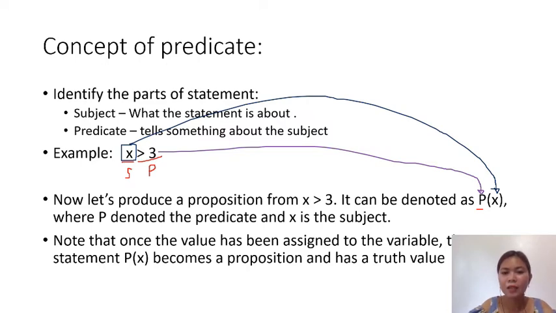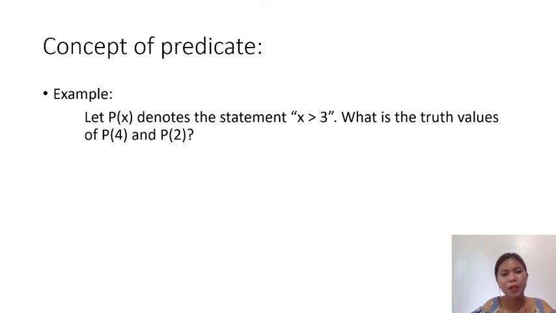Okay, so this is now the proposition of the statement x is greater than 3. Note that once we assign a value to x, the statement P of x becomes a proposition and has a truth value. So, let's have an example.